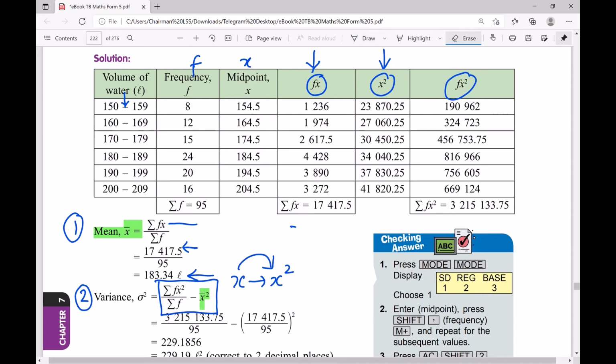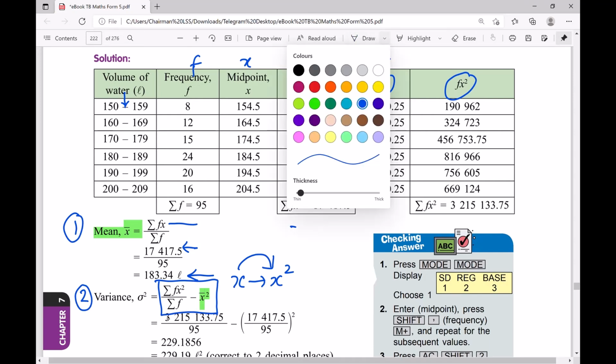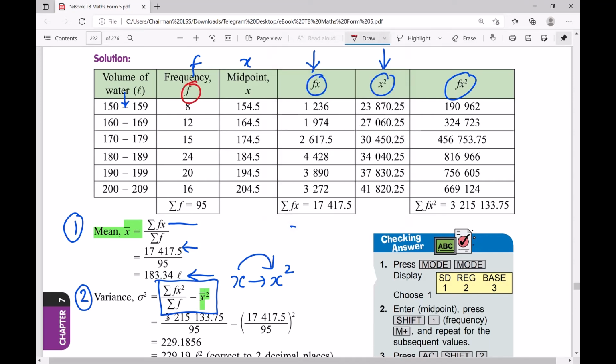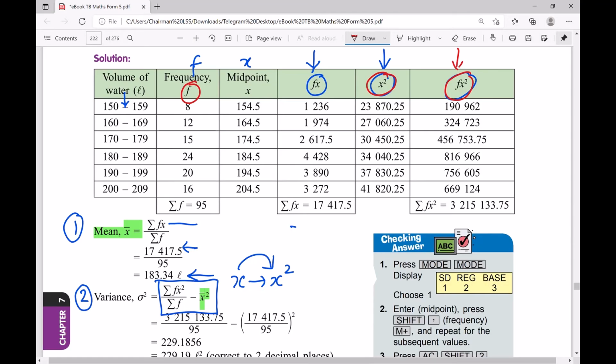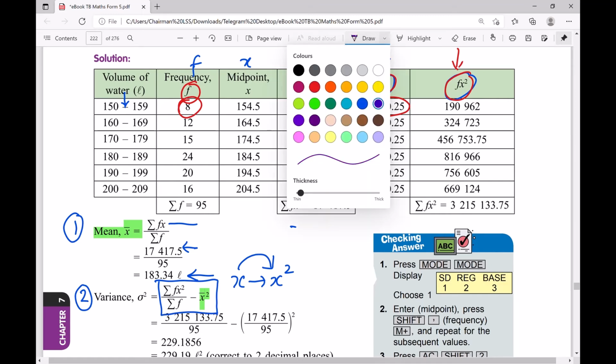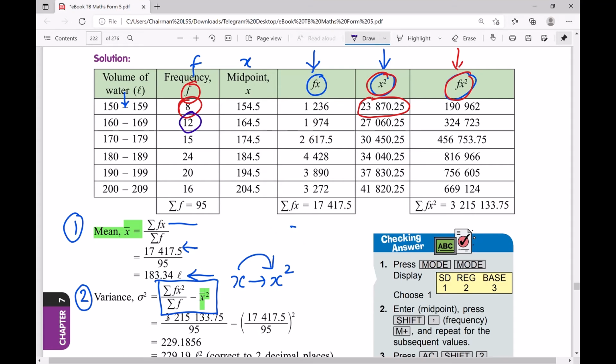Where's your frequency? This one. Your frequency, you times with your x square. This column. Yeah, you add another column. Then here you just times. You times with this one. Okay, and then your this one 12 you times with your x square.